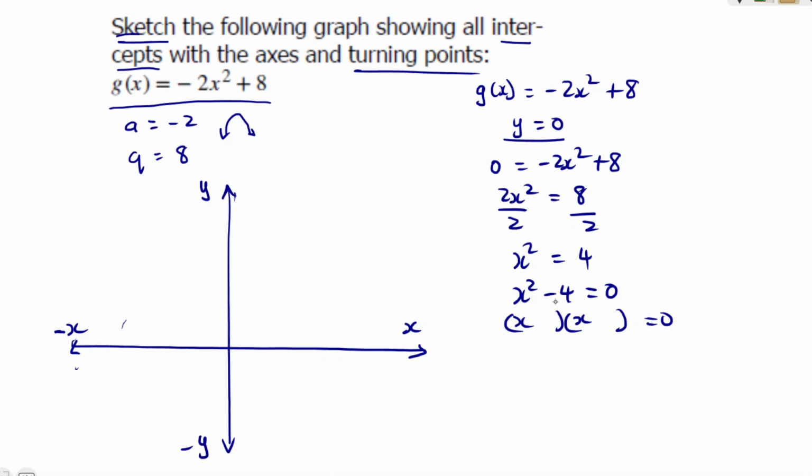Now the factors of 4 will be a 2 and a 2. That means the one 2 must be positive, the other 2 must be negative, because I don't have the middle term here. So now I have negative 2 times positive 2, that will give me a negative 4. So that means here x is equals to a 2 or x is equals to a negative 2. So now I do have my two roots for x. It's a positive 2 and a negative 2.